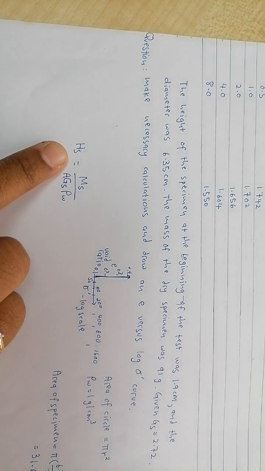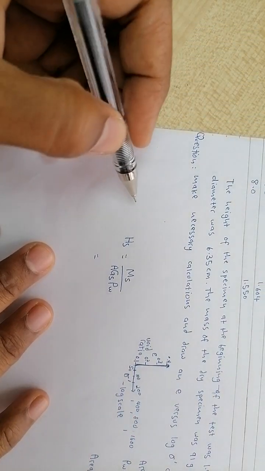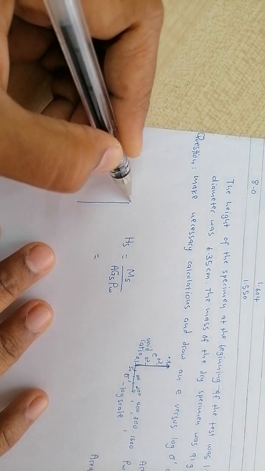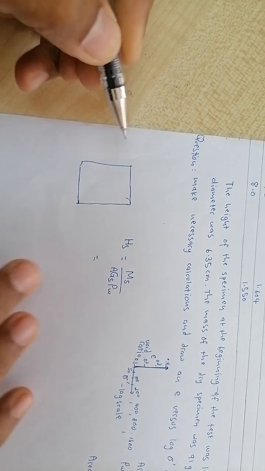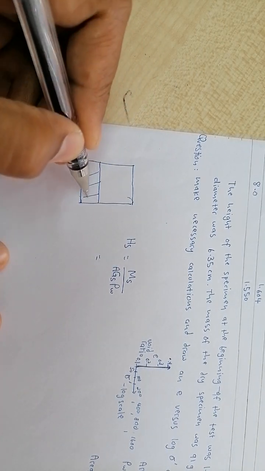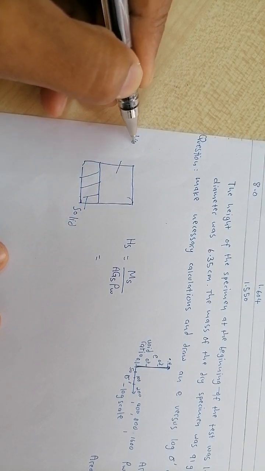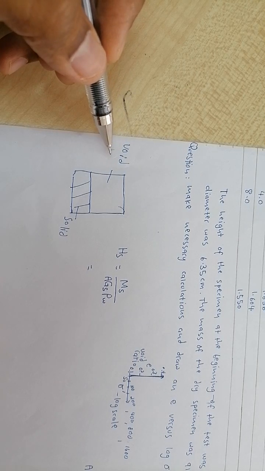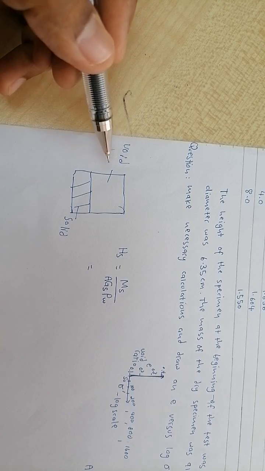I'm so sorry, I think I will draw again for you. I'm sorry for my messy drawing. As I told you just now, this is our soil sample, and we can divide it into the solid part as well as the void part. We mention void because the void can either be filled with water or air, depending on the specimen.